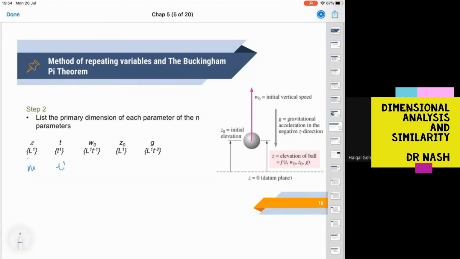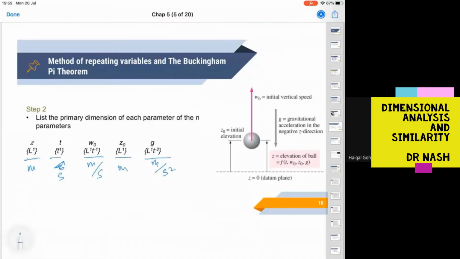Meaning we can also use the lowercase t to represent time. Okay, you got it. And then WO, the initial speed of the ball, definitely dia ada m over s lah kalau kita tengok dalam unitnya. Initial vertical speed, and then ZO is the elevation, mass again, and then gravity. And gravity definitely they have m over s power of 2. Okay, kita dah dapat dah dimension dia.